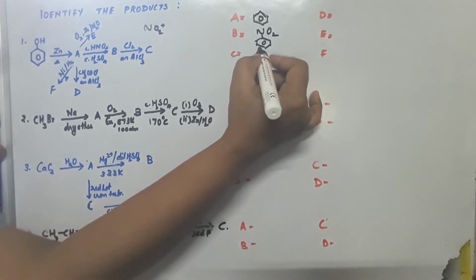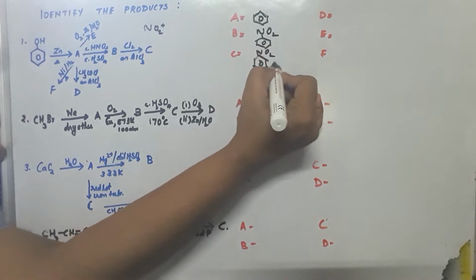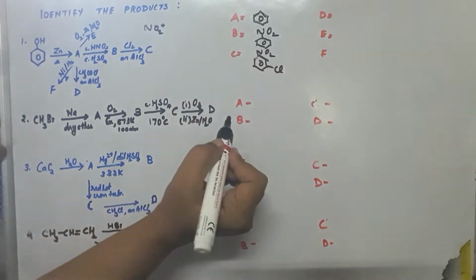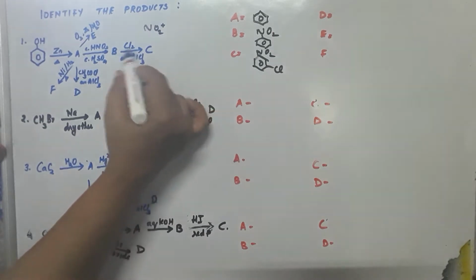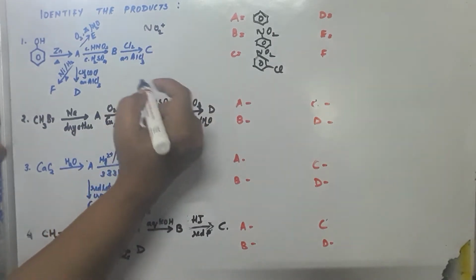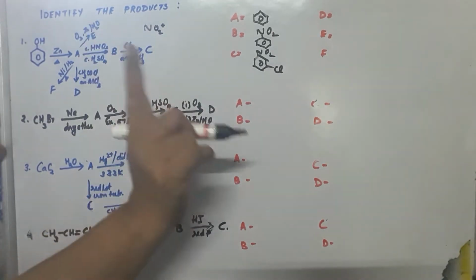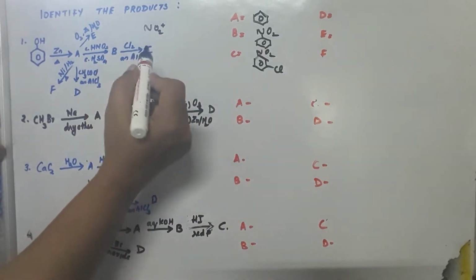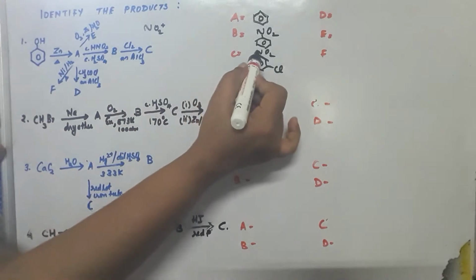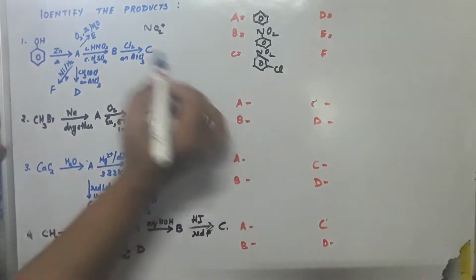So the C compound formed is metachloronitrobenzene. Children, to check the directing influence, you will be getting at least one question in ISC. So it is very important to find the position of the incoming group relative to the already present group in the benzene.